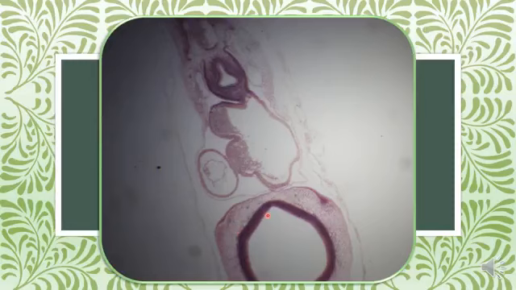And you can see here the thickening of the ectoderm is called the olfactory placode. That will be invaginated to form the olfactory pit.